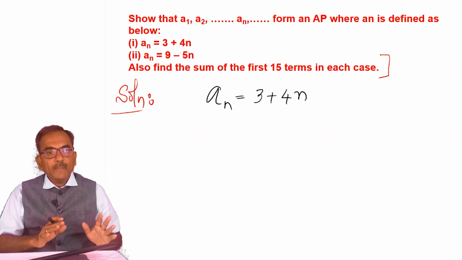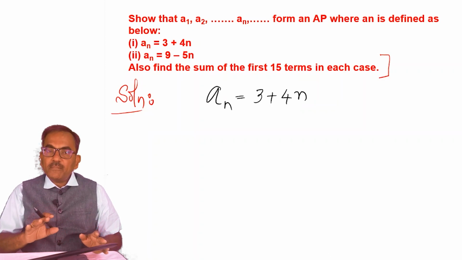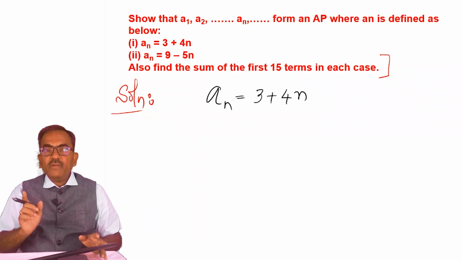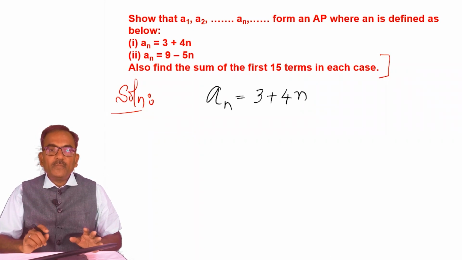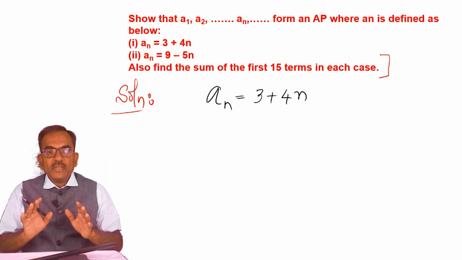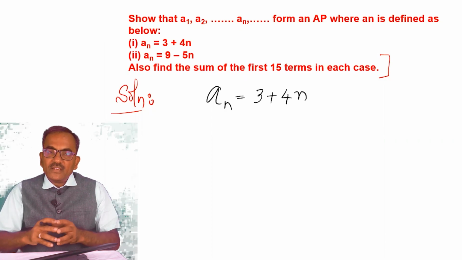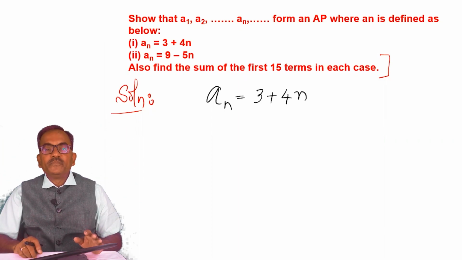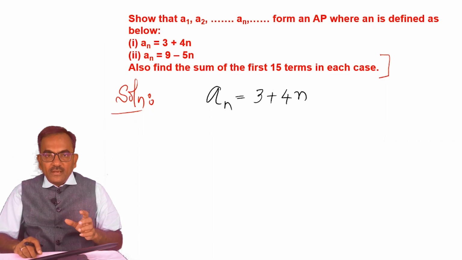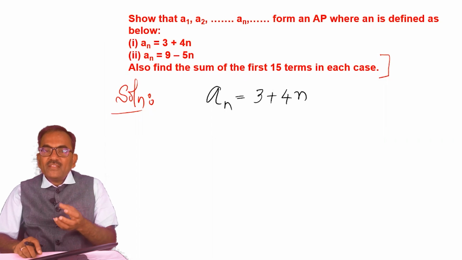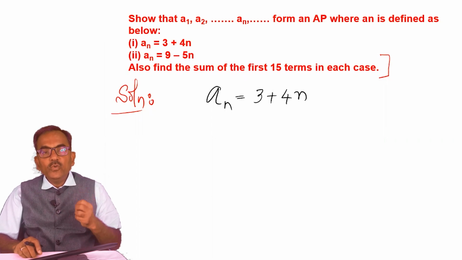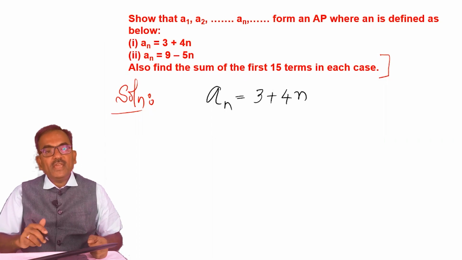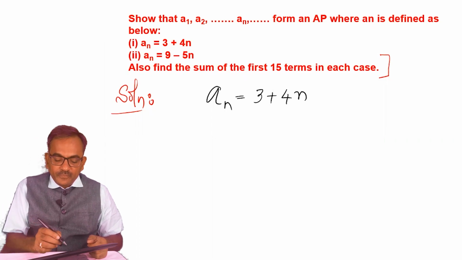Here neither the AP is given nor the statement for AP is given, whereas in this particular problem a general form of the AP is given, wherein from that general form you need to extract the AP completely. So AN, when it is reduced to the numerical situation, we will be getting the values of AP. Now let us see how to obtain A1, A2, A3.